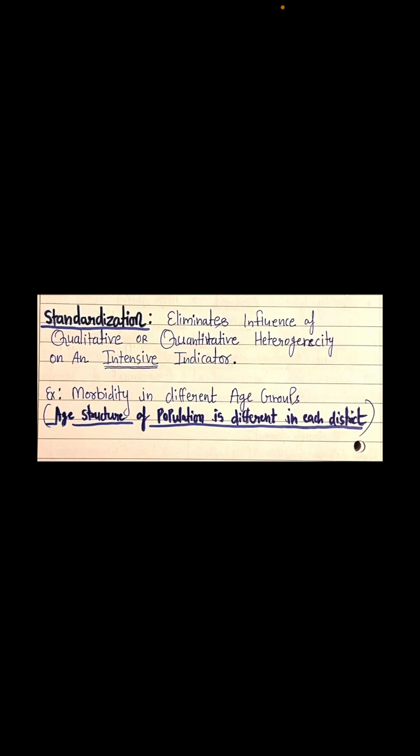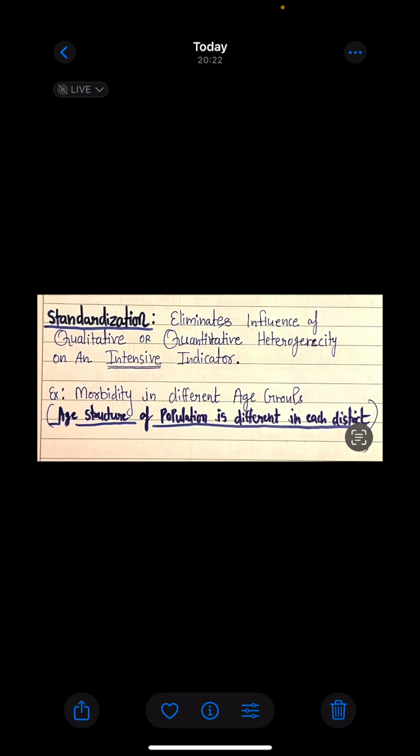Like in the district Kiev, the younger people are more numerous, and the older people are fewer there. And for example, if we talk about Darnitsa or Lviv, maybe there are fewer young people and more older people. So it simply states that the age structure of the population is different in each district. So the answer which has to be marked is standardization.